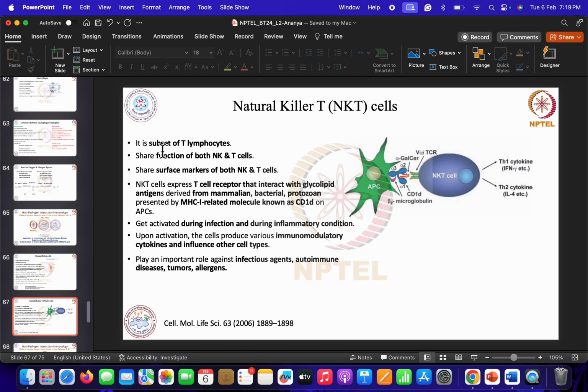Natural killer T cells are a subset of T lymphocytes. They share both natural killer cell and T cell markers, like the functions and surface markers.